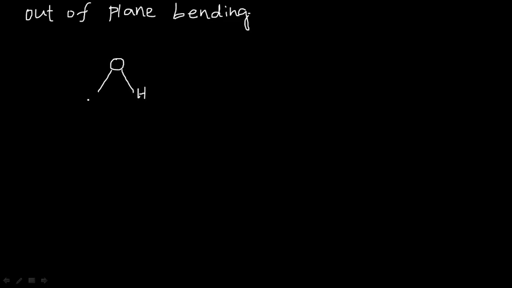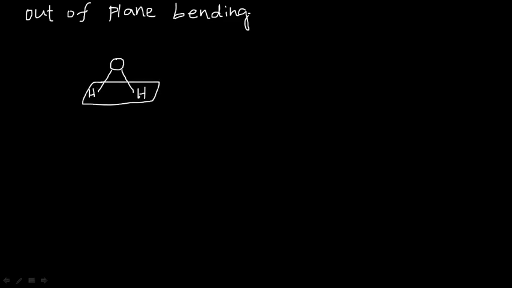Now in plane bending is over. Now I am taking out of plane bending. Out of plane bending means we have to deviate from the plane. Suppose take the same water molecule, and this must be the plane.